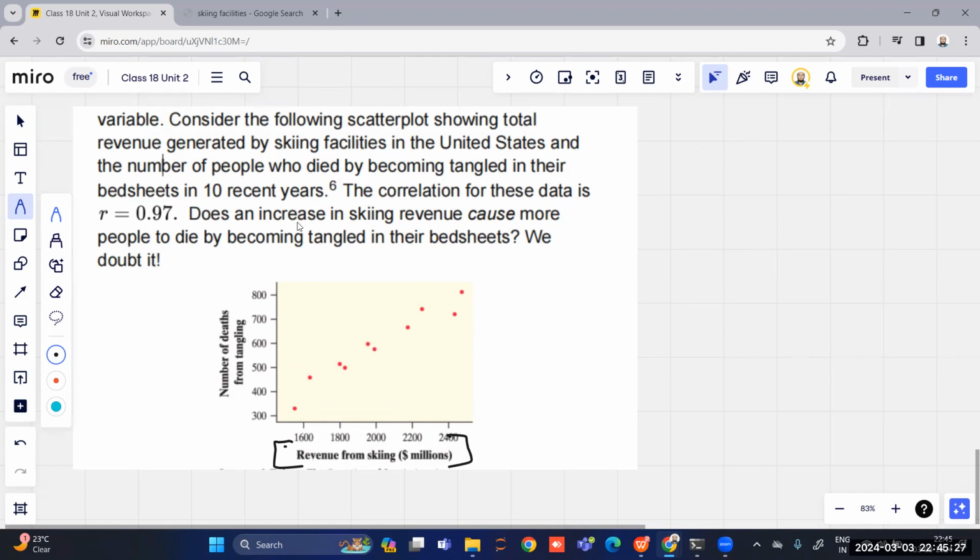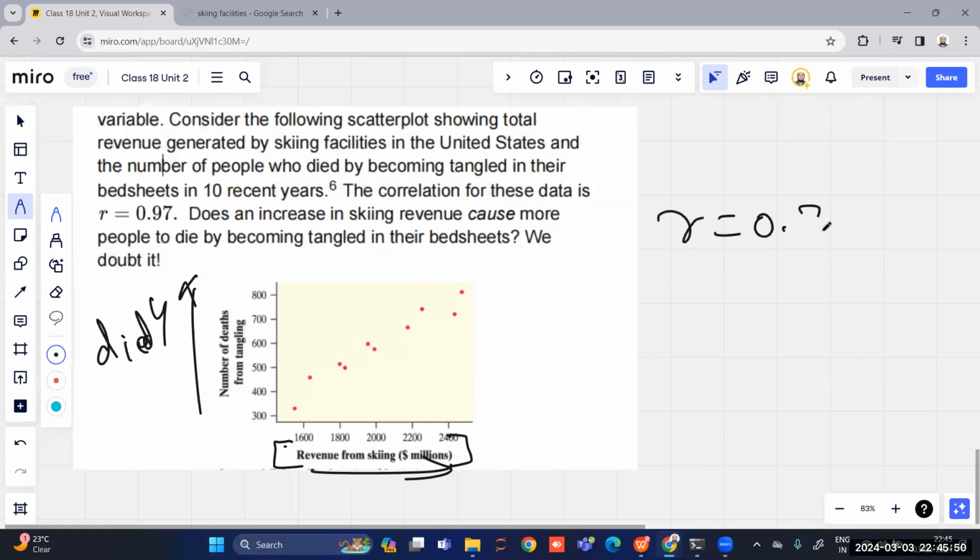On the y-axis, the people are listed who died because of the bed sheets, as happens in the icy region. The correlation for this data is 0.97.